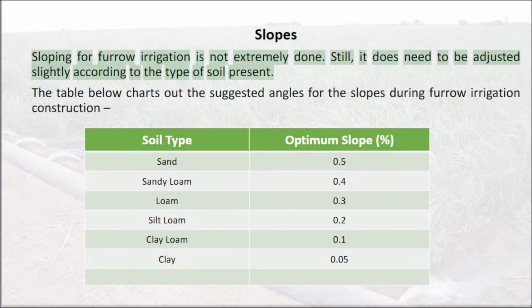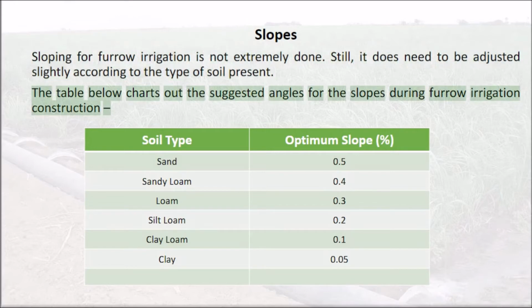Slopes. Sloping for furrow irrigation is not extremely done. Still, it does need to be adjusted slightly according to the type of soil present. The table below charts out the suggested angles for the slopes during furrow irrigation construction. Soil type.